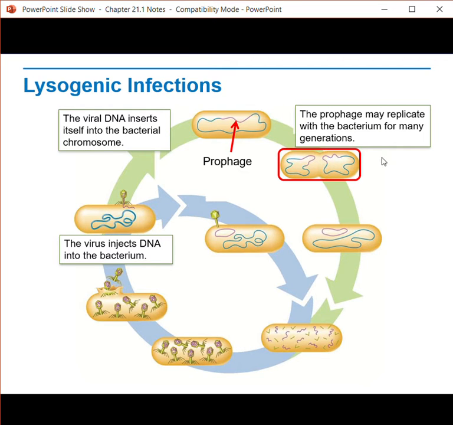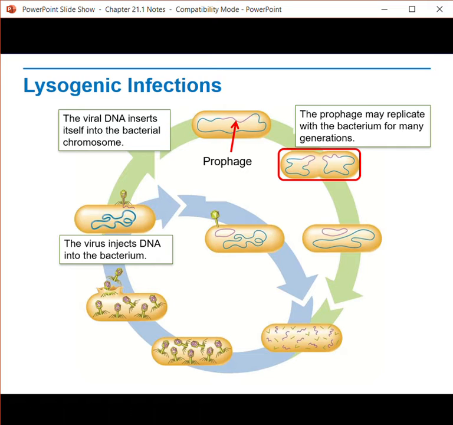Viral DNA multiplies as the host cell reproduces. So, when you multiply something, you get more. As the host cell reproduces, the viral DNA reproduces. In this way, each generation of daughter cells derived from the original host cell is infected.